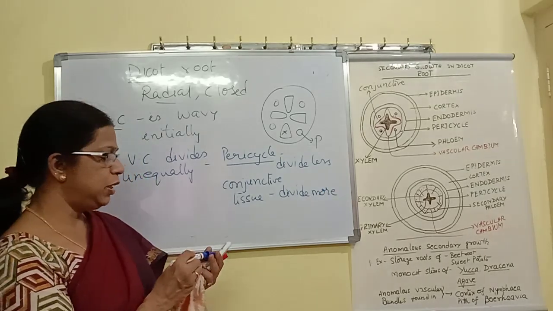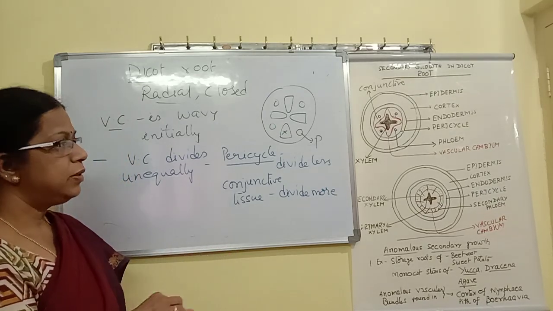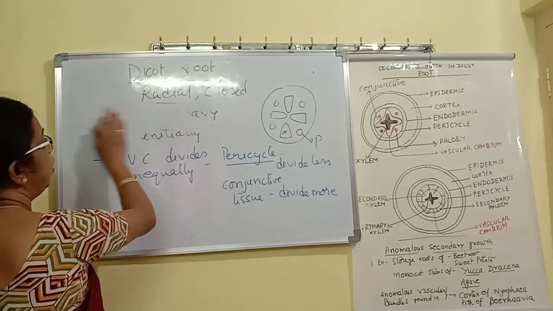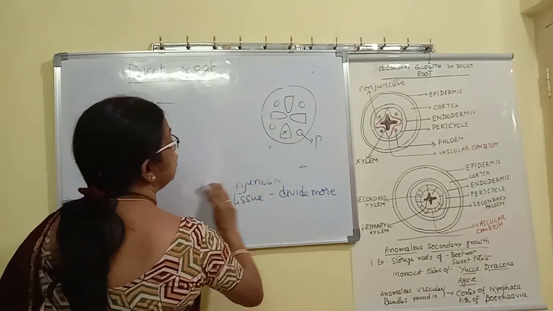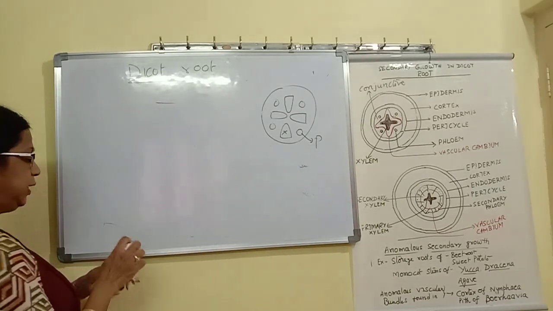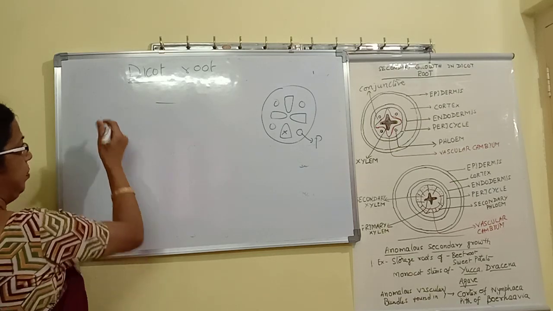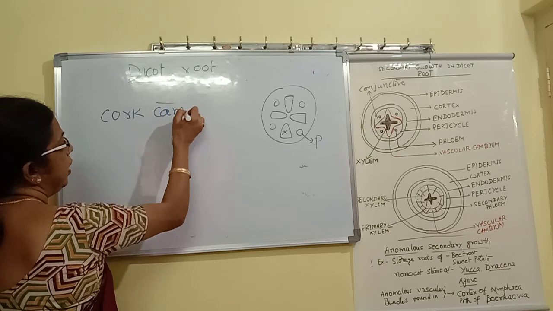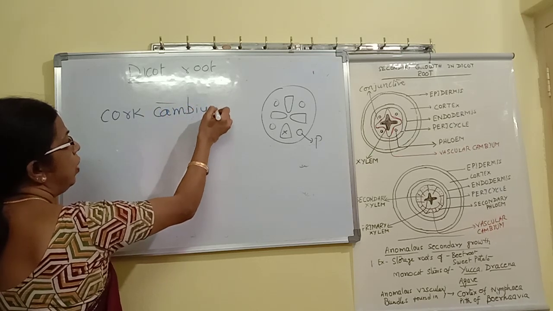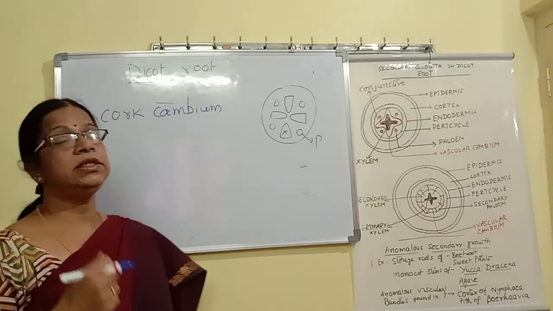Now coming to the other cambium involved in secondary growth, it is called cork cambium. Cork cambium is formed during extrastellar changes.